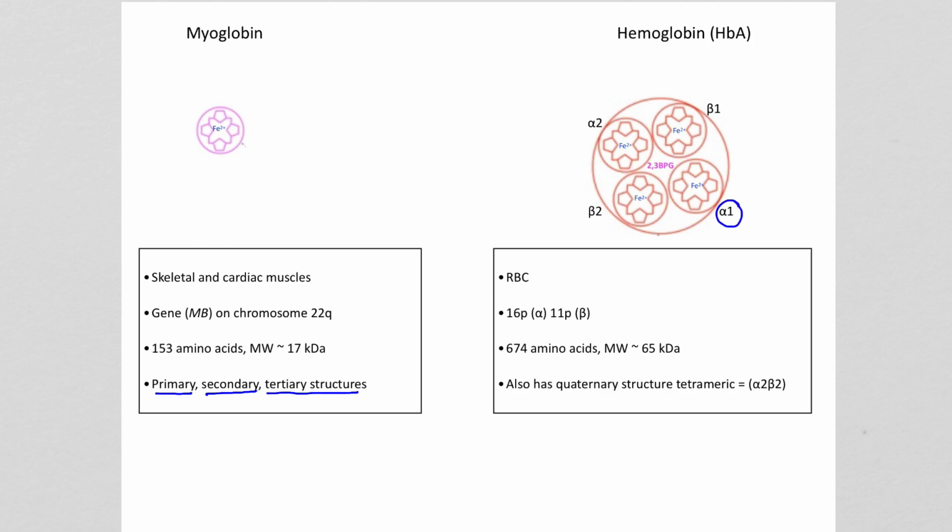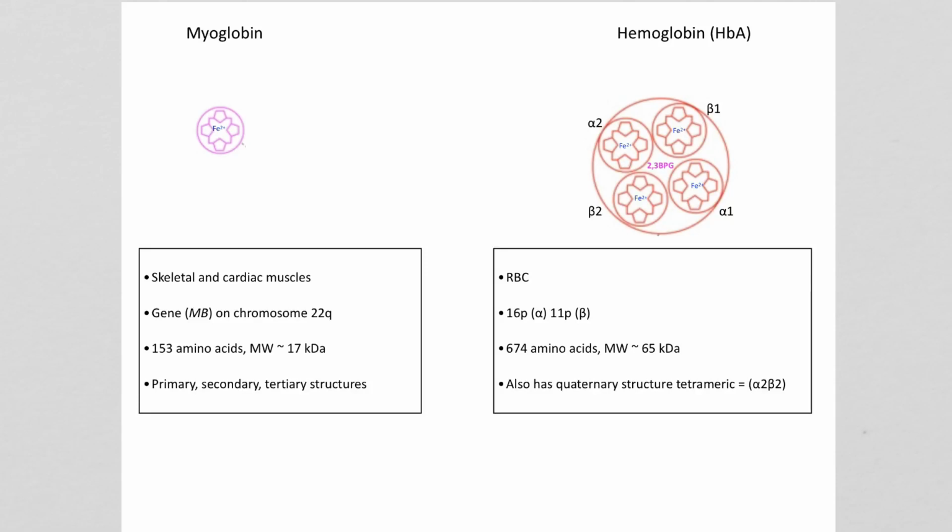These are called alpha 1, alpha 2, beta 1, and beta 2. So each polypeptide chain is also called a subunit. So hemoglobin is basically alpha 2, beta 2. It has a quaternary structure, alpha 2, beta 2.